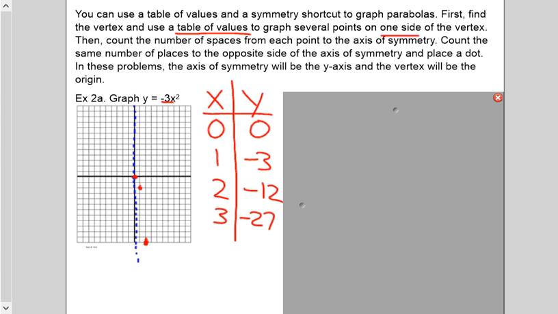So I also need to place another dot one place to the left of the axis of symmetry so that they match. One on one side of the line, one on the other side of the line. This dot here at the bottom is two places to the right, so I need to make another dot two places to the left.